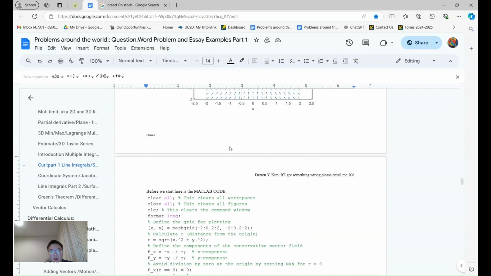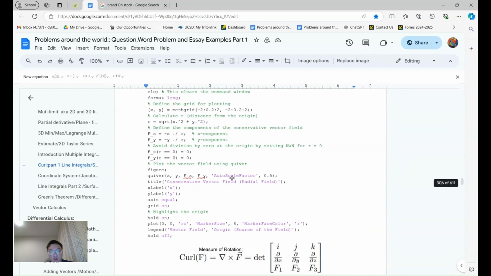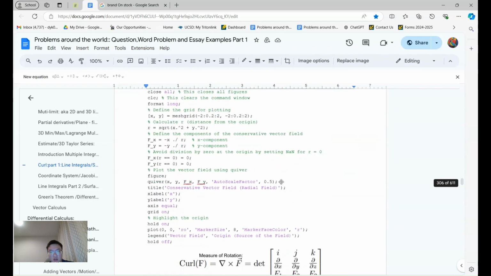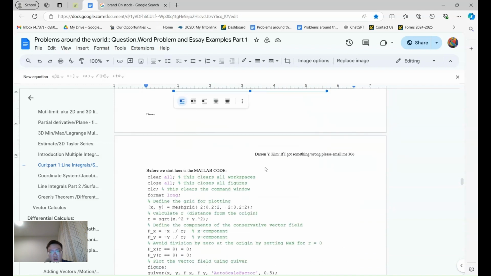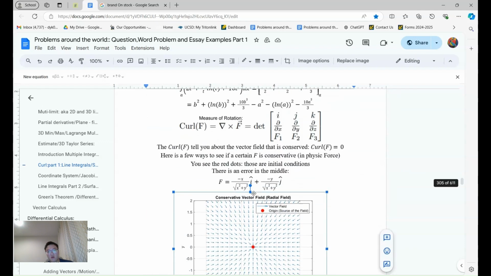What I love about MATLAB is that you can make things so clear. I adjusted the auto scale factor; you can keep decreasing it to 0.2, 0.1 to make these arrows look good. And you have a lot of free accessibility for labels and legends and all the other stuff.